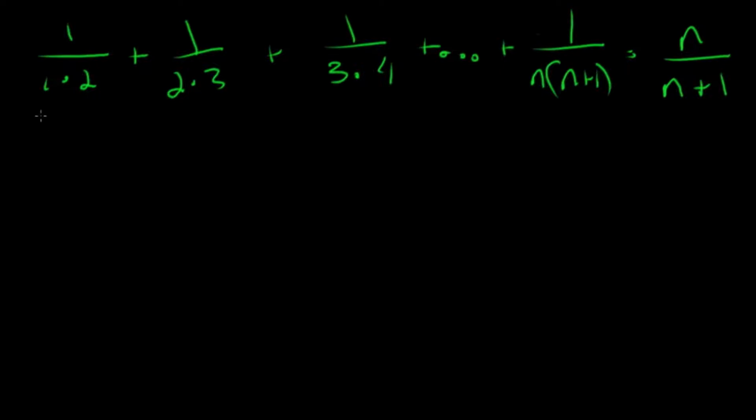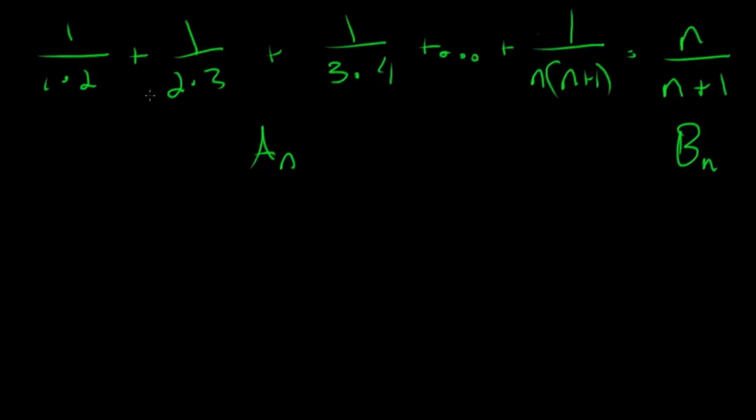This first bit here is our a sub n, and this last bit here is our b sub n. Take a second to try to prove this using induction. Prove the initial case, the base case. Then assume that the kth case works, the inductive hypothesis, and then use that hypothesis to prove that the next case works, and then you'll be done. So go and try this one. I'm going to get started after you attempt it.